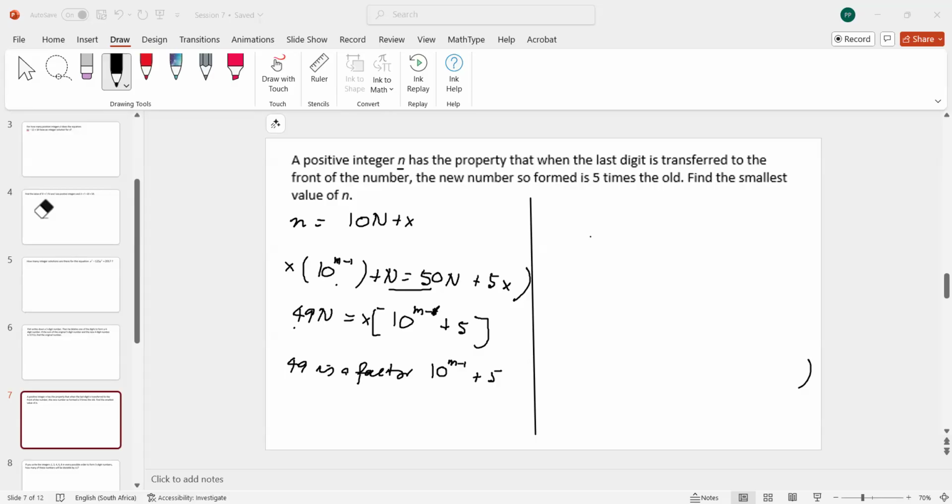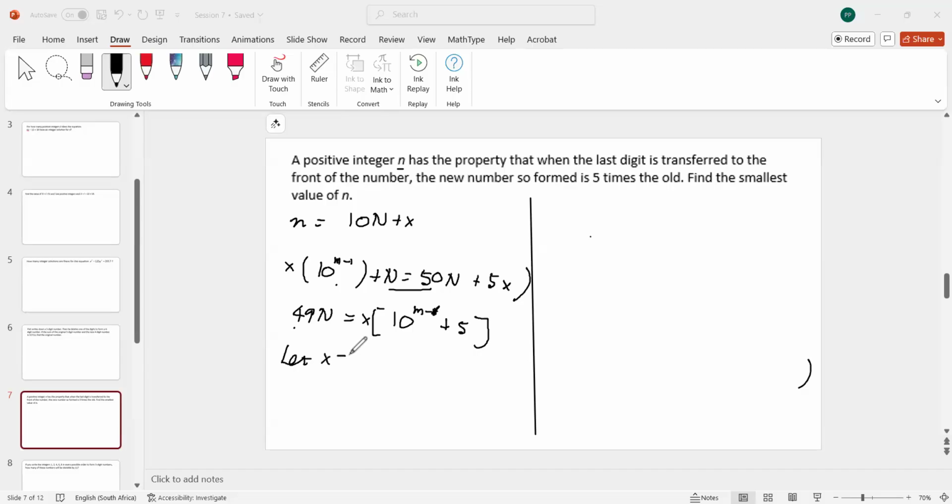X could be 7, and I'm going to make x equal to 7. I want to make this n as small as possible. Let x be 7.